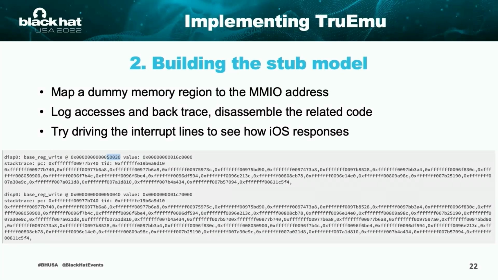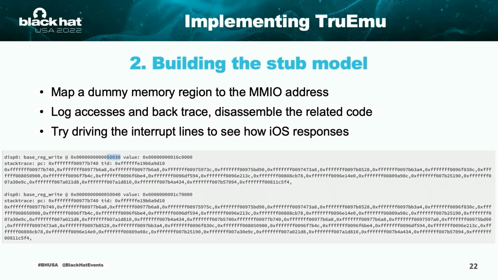So with this information, we can build a stub model. We map a dummy memory region into the MMIO address in the device tree. Then on each write or each access by the CPU, we will log them and then print a backtrace. And with the backtrace, we can travel through related code to see what the logic of the software is, what it's trying to do.